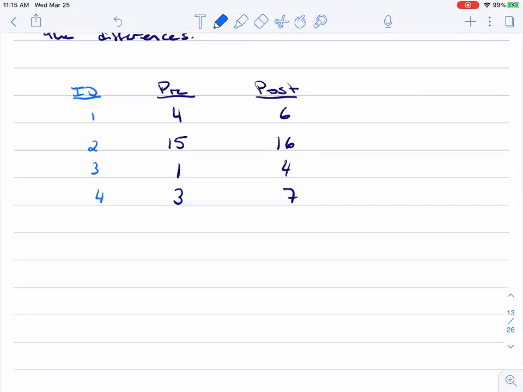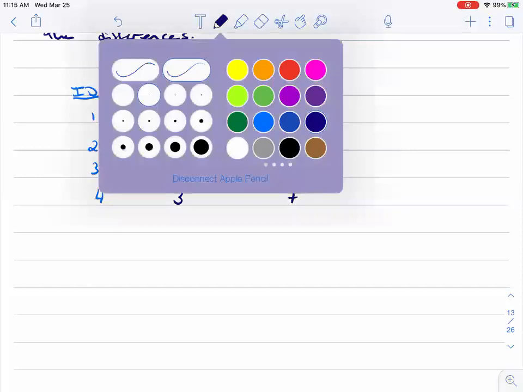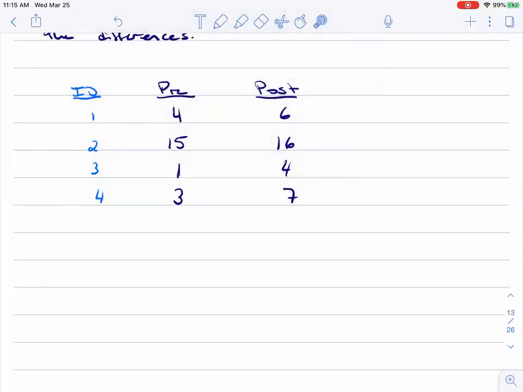Okay. Person 1, right, started at 4 and increased to 6. Person 2 started way higher and increased to 16. So if we treated these samples as if they were independent, which is the second option, kind of spoiler alert, then we wouldn't be able to capture the fact that 4 went to 6, 15 went to 16, 1 went to 4, and 3 went to 7, right?